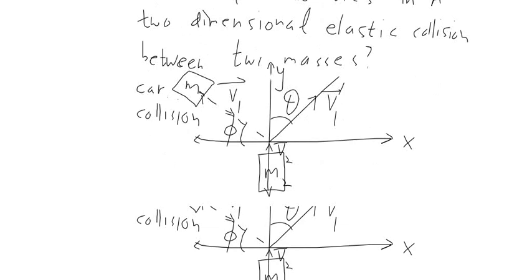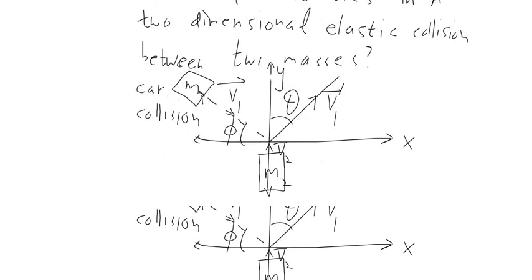So that's the initial velocity of the first car, v1, and it's coming at a diagonal. And then there's going to be mass m2, which is coming from the very bottom and coming directly upwards. It's going vertically. So mass m2 has a velocity v2 and it's going vertically upwards.